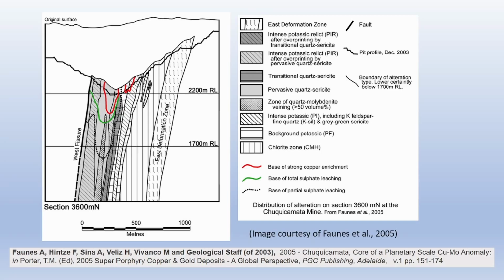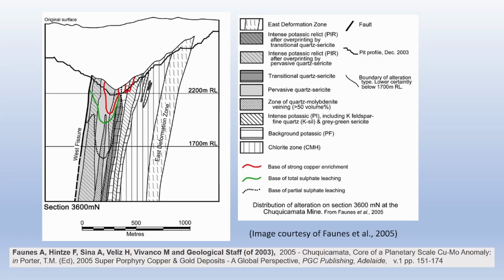Above it lies the background potassic zone. It's a remnant of the system's earliest high temperature magmatic hydrothermal phases. And central to the profile is a zone of intense potassic alteration.